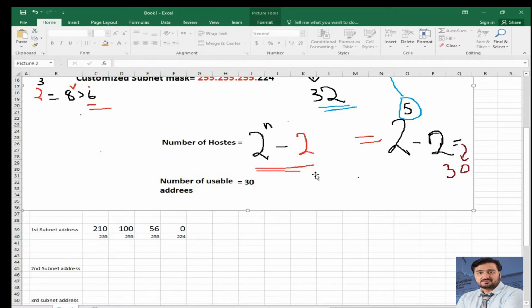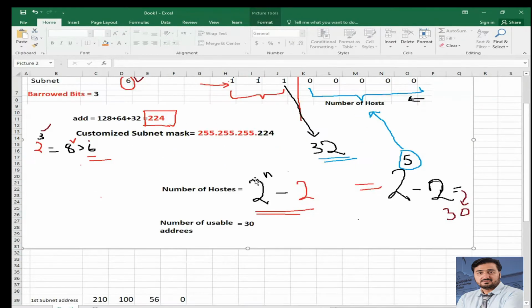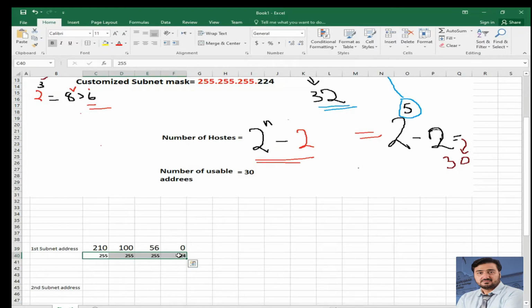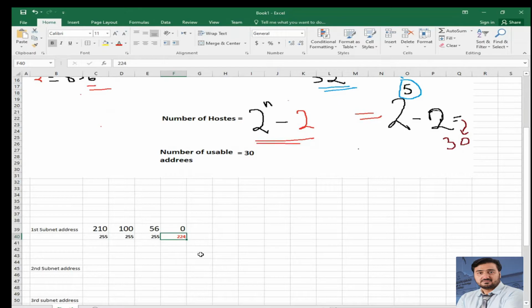Yes, good. See, because we have this value, 224. This is our first address and this is our value. Let me change this to red. So if it is 224, this is our first subnet and subnet mask.